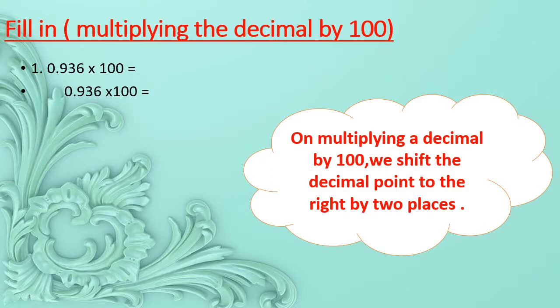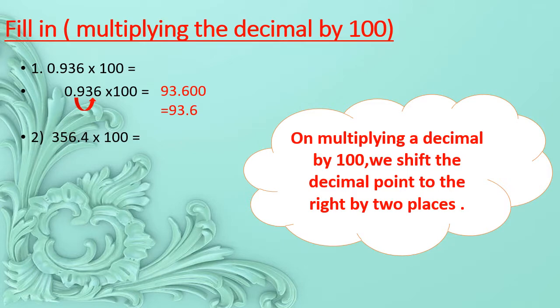So the decimal will be shifted to the right, and it will be between 3 and 6. So our answer will be 93.6, because 93.600 or 93.6, both are equivalent decimals. They both are equivalent fractions, you can say that.